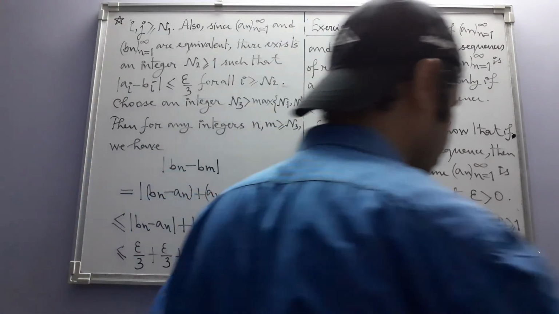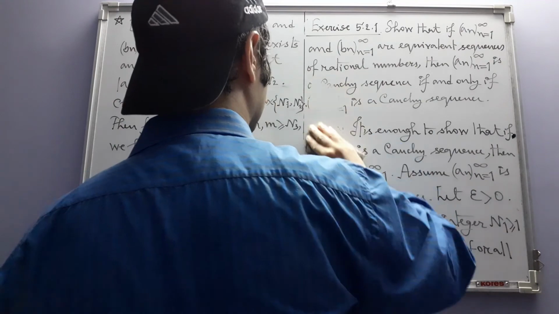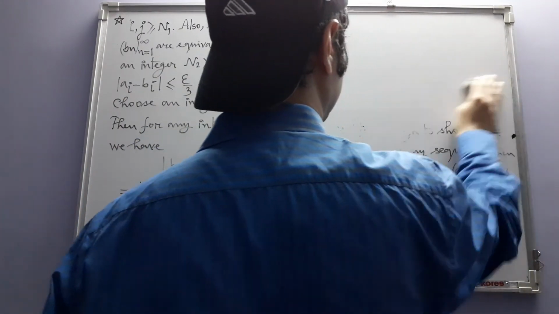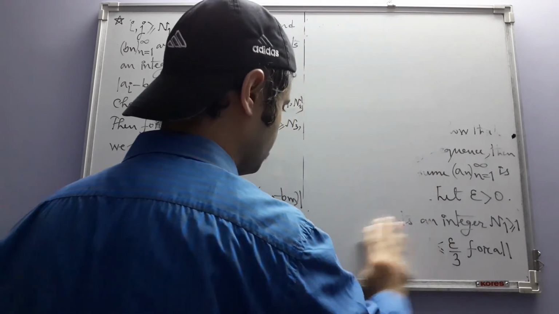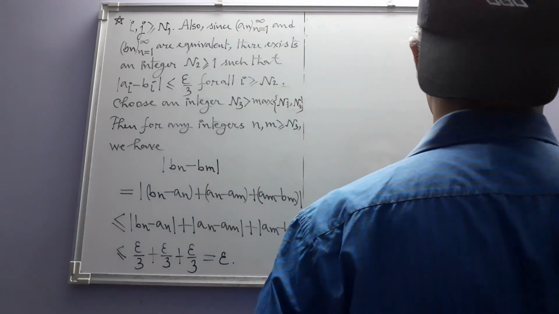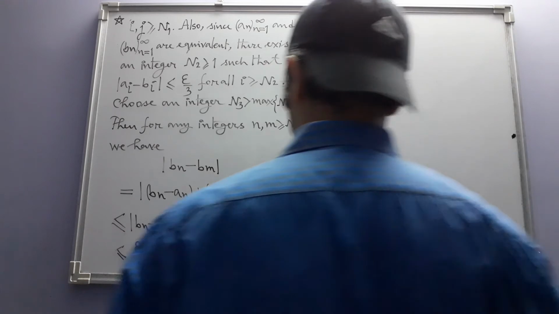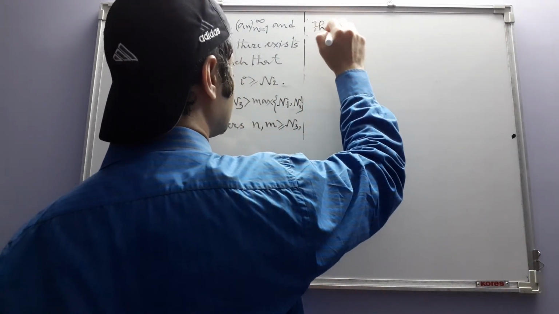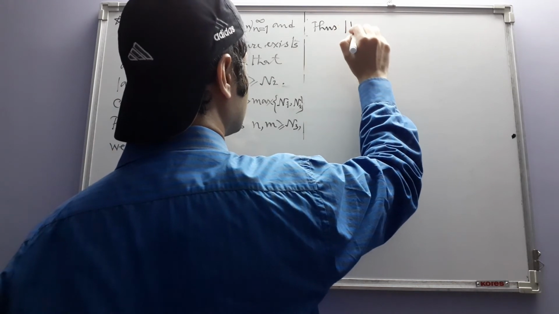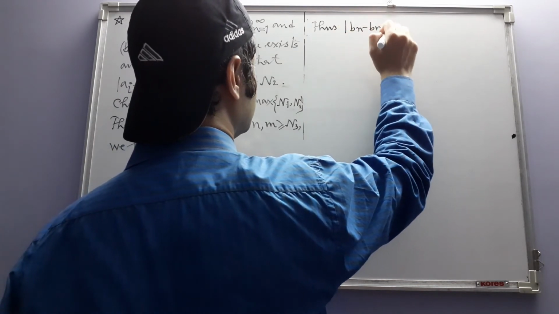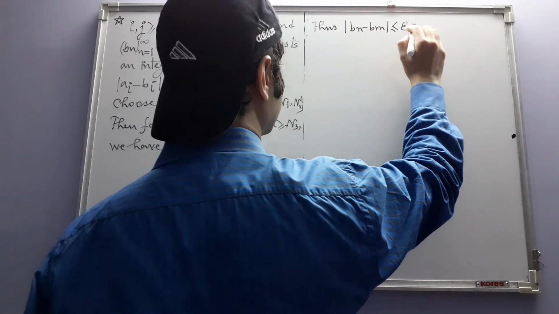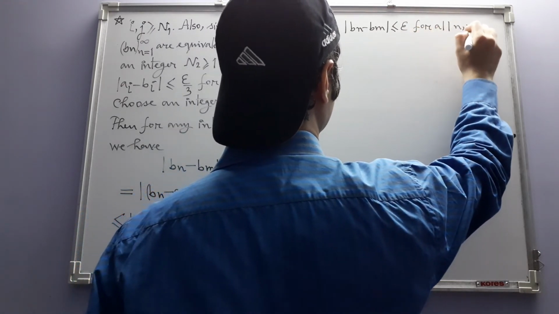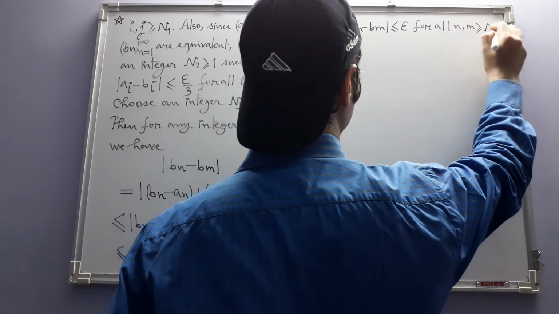So what have we shown? Thus the distance between bn and bm is less than or equal to epsilon for all n and m greater than or equal to n3.